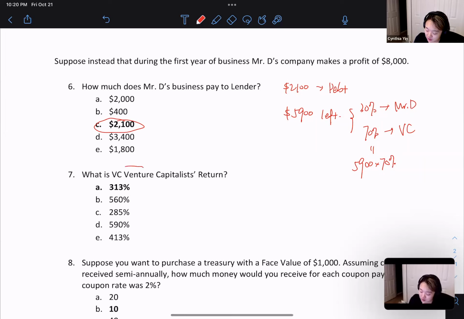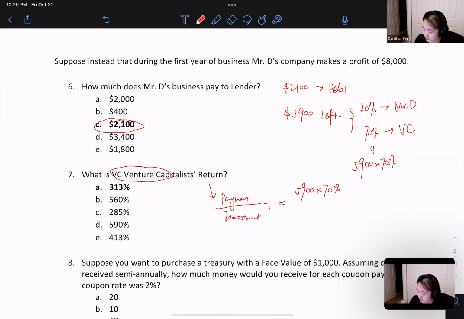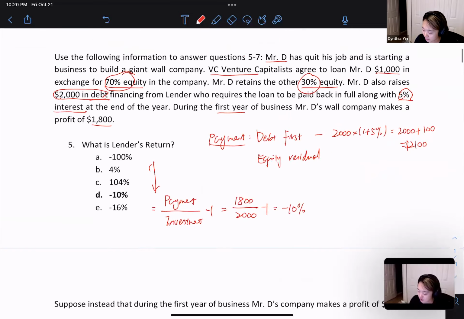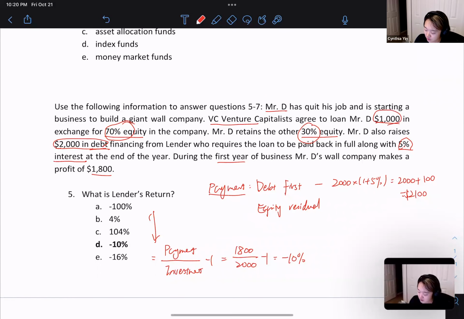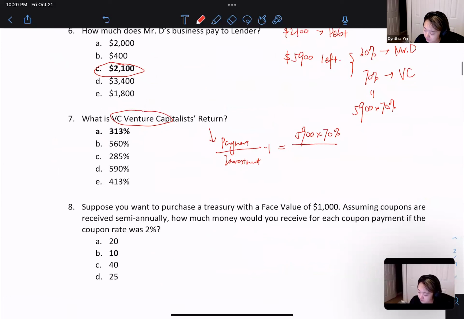And what is the VC's return? Still, return equals payment divided by investment, minus 1. What's the payment? It's 5,900 times 70%. What's the initial investment? The initial investment is $1,000. And the answer is 313%. Oh, okay, there is a minus 1 here.